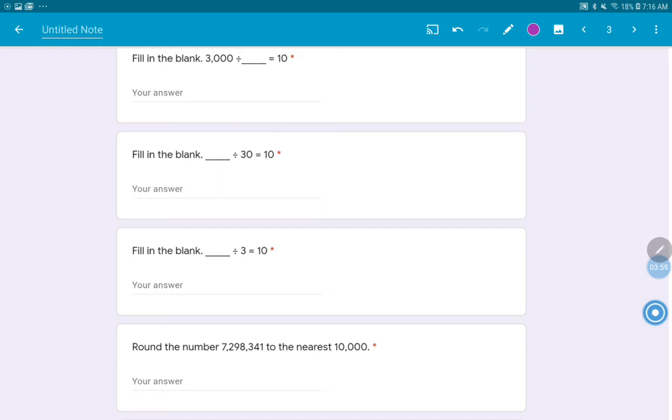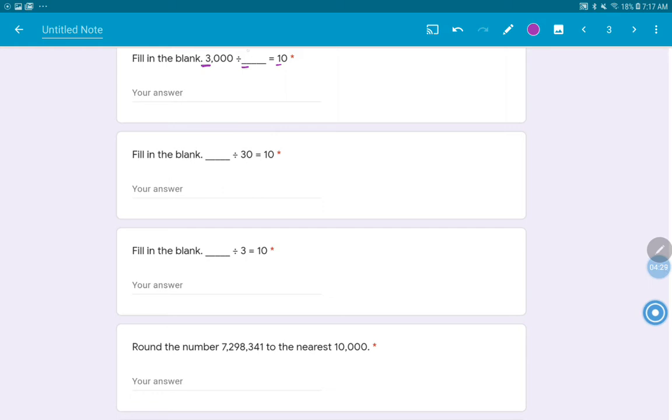Now I'm ready to do some division with an answer of 10. So I'm thinking back to my place value chart and what we've been working on in the last few math lessons. So this first problem, 3,000 divided by what equals 10? So for now I'm going to ignore the zeros, and I know that I need to find what 3 divided by what number will equal 1.